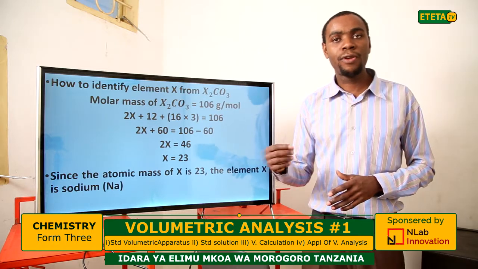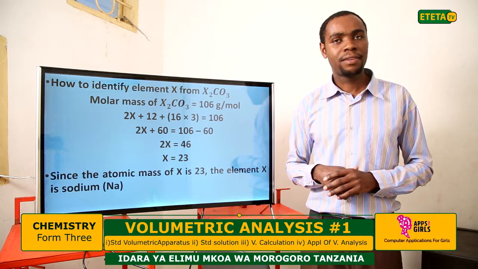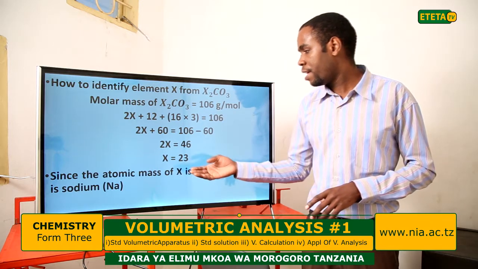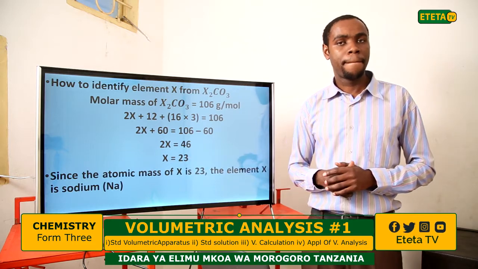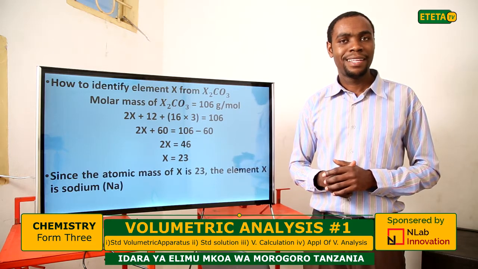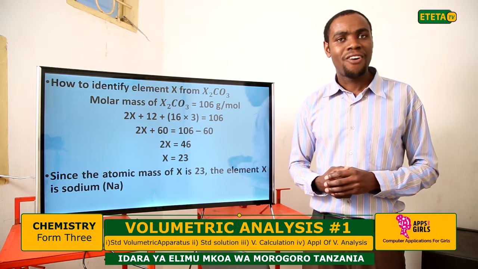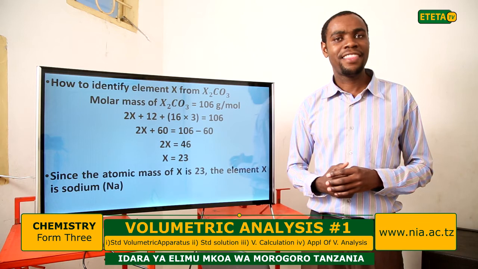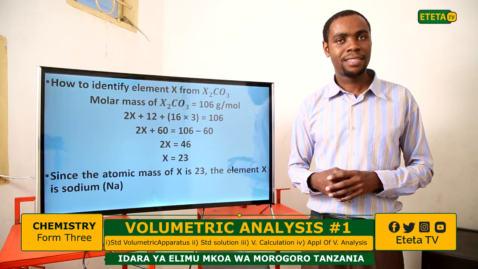Sodium always has an atomic mass of 23. For that case, the element X is sodium. It's my hope that you understand how to identify the element given that you have the molar mass.